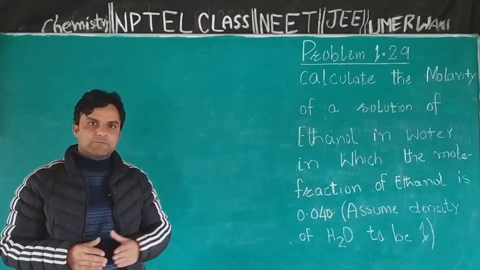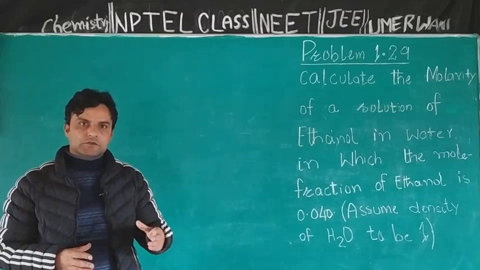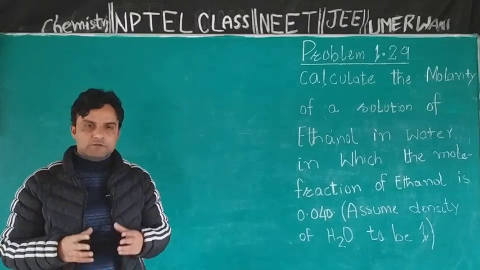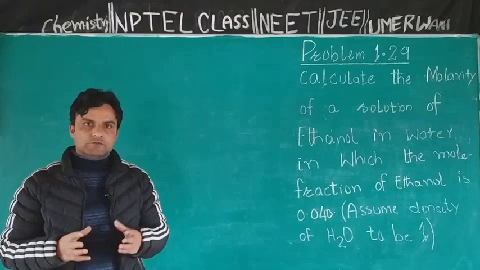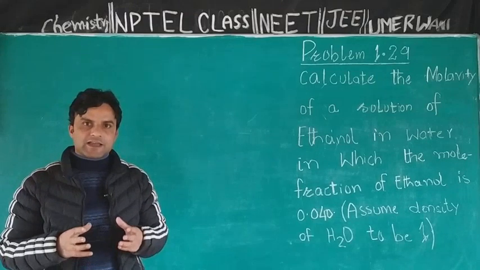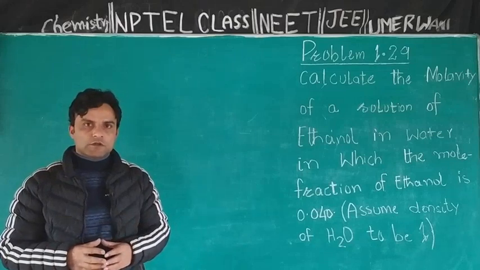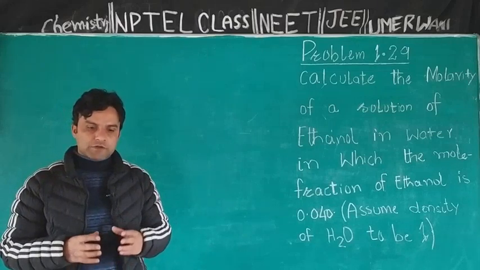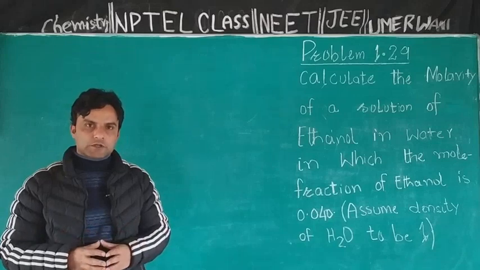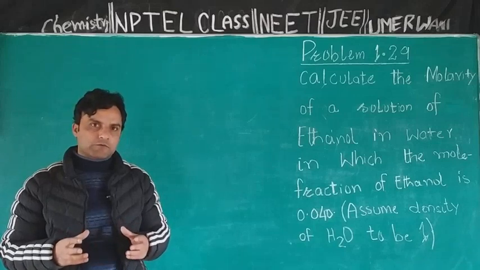This is a numerical problem, and this numerical problem is based on solution, and solution is of ethanol in water. So in this solution, ethanol is solute, we will represent it by 2, and water is solvent, we will represent it by 1.